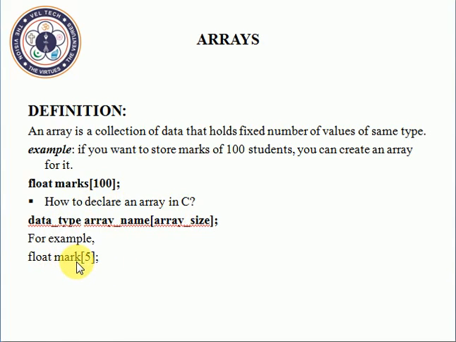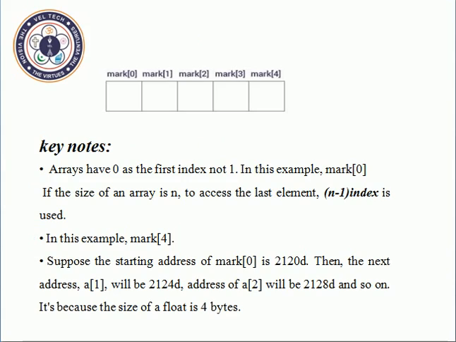My marks will be numbers, so my data type should be float. So the important thing to create an array is that the data type should be the same as the data we are collecting, right?